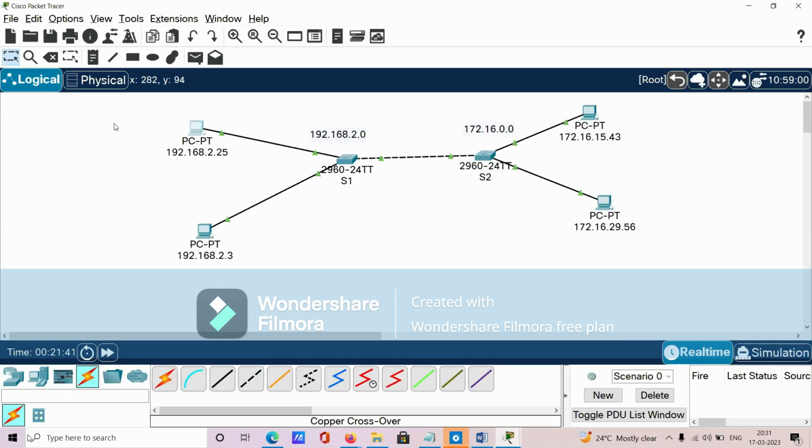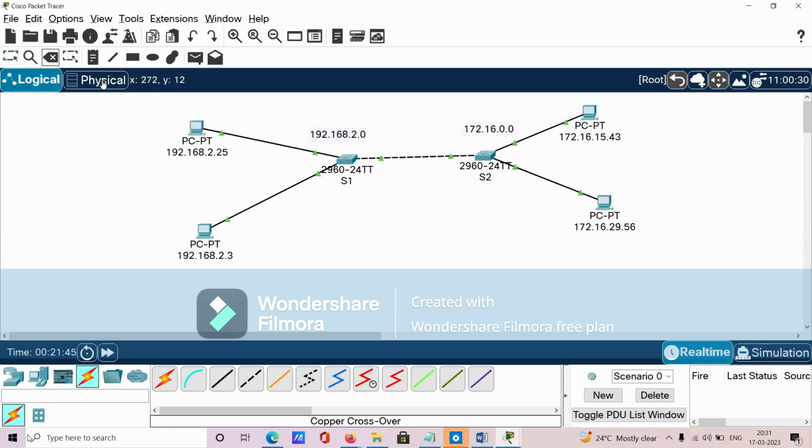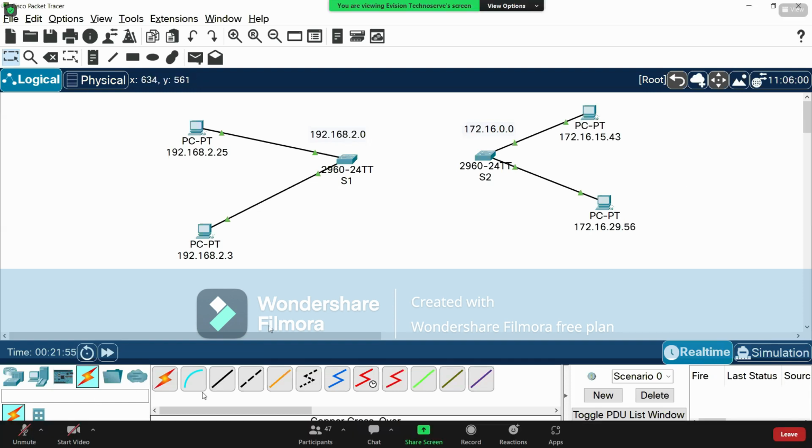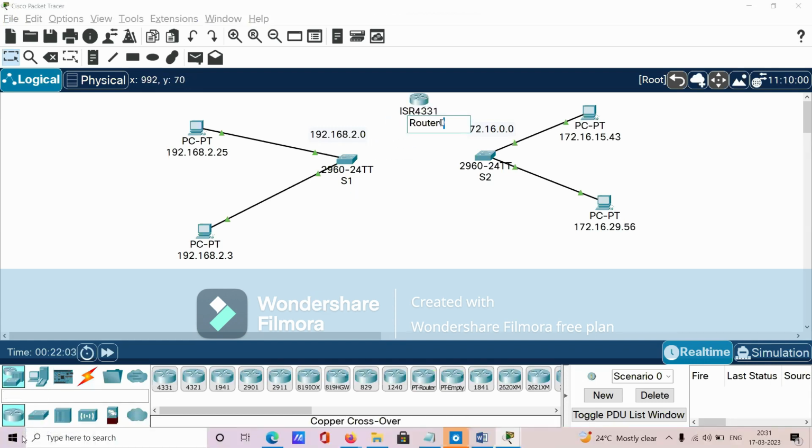Fine. Now what do we have to do if I want to perform the communication between these two? If I want this machine to communicate with that machine, what will I have to do? So here I am introducing the device, the router, and this device is called a router.